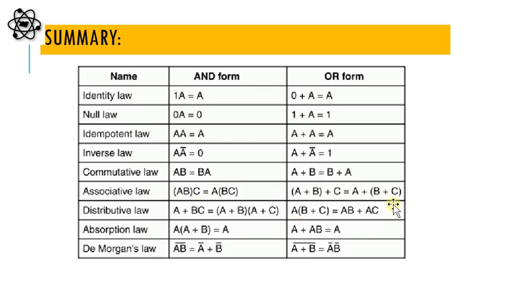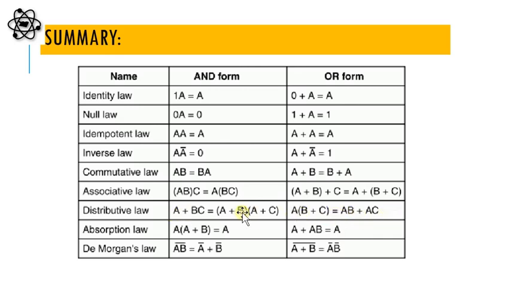In the same way, A plus B grouped together plus C is equal to A plus B plus C. Distributive law: A plus BC is equal to A plus B into A plus C, or I can write this as A multiplied with B plus C is equal to AB plus AC.